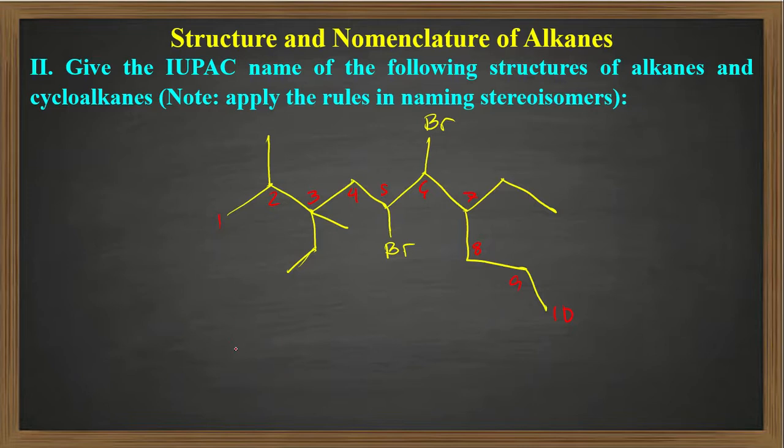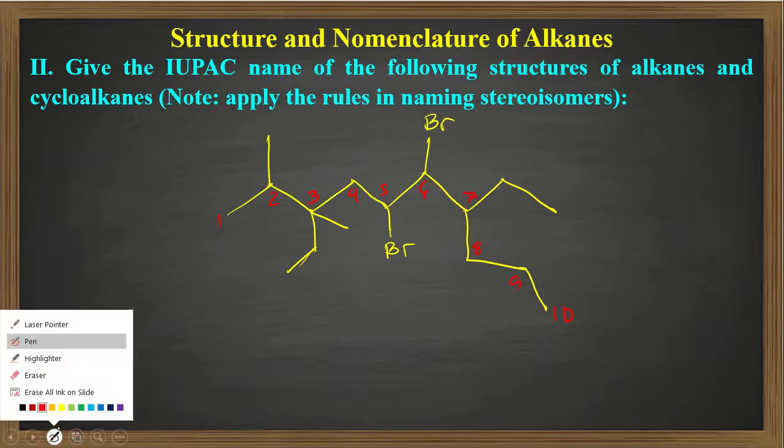So again, in naming alkanes, we will alphabetize our substituents, no? Arrange them alphabetically. So we have methyl, methyl, ethyl, ethyl, and then dalawang bromine atoms. Okay? So first is yung bromine. Ayan.